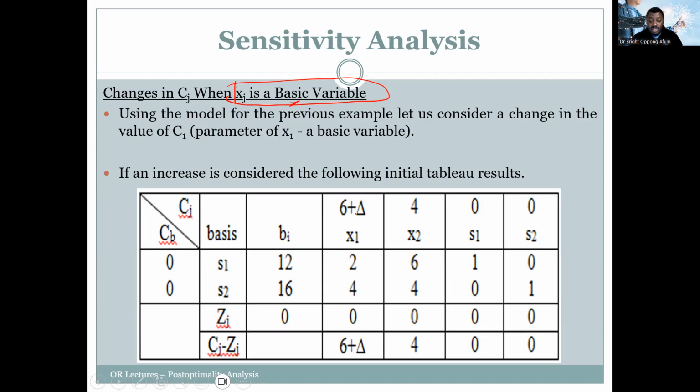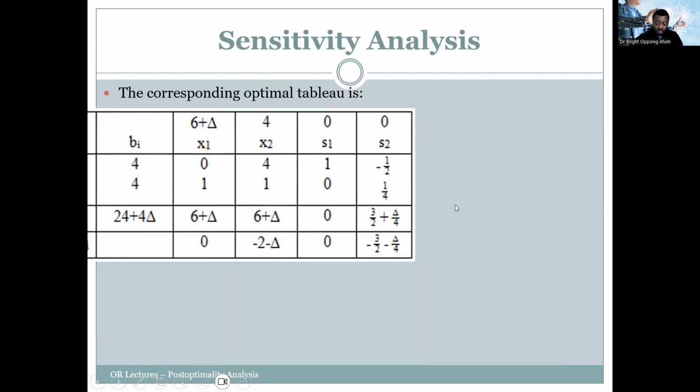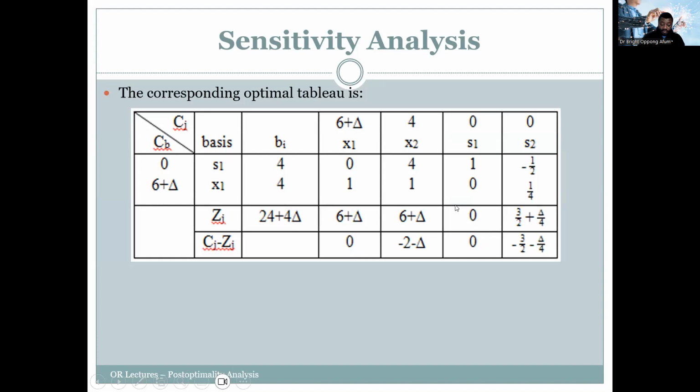So assuming we solve this initial tableau, when we solve this, the final tableau, or the optimal tableau, will be obtained as this. So what are the range of values?